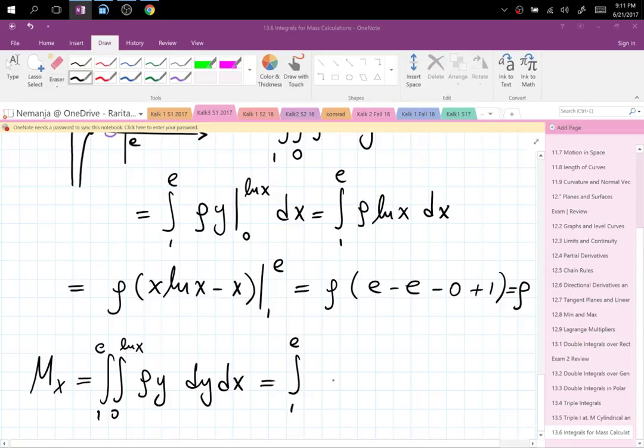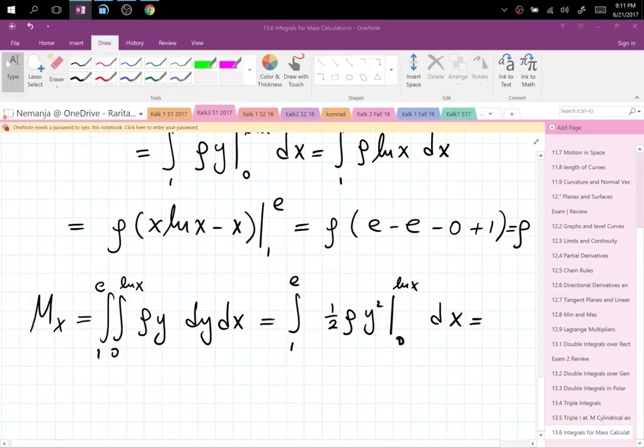So now we have 1/2 rho y squared computed from 0 to ln x, dx, and that gives me the integral from 1 to e of, when I plug in ln x, 1/2 rho ln x squared, right?